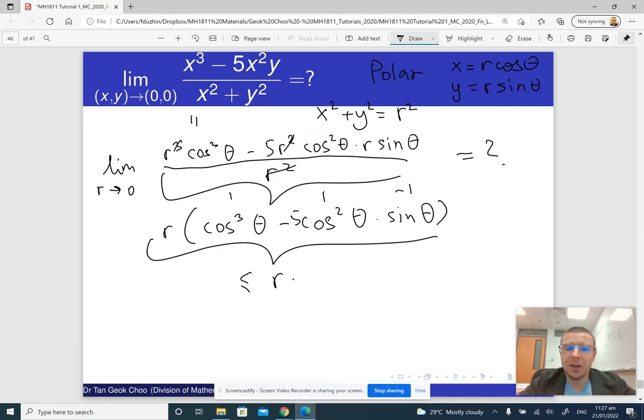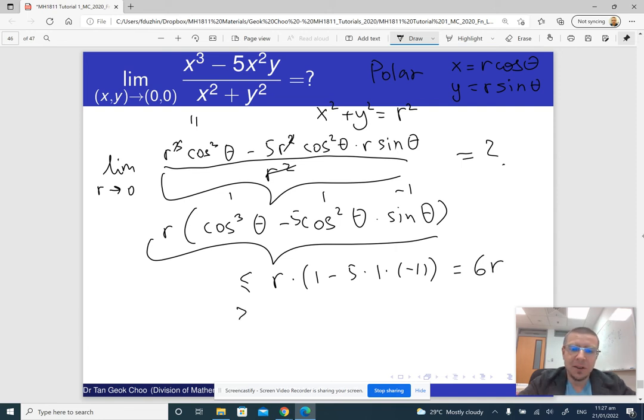Then this is really 1 minus 5 times 1 times negative 1, which is 6r. And so what we immediately see here is that our expression is less than 6r.